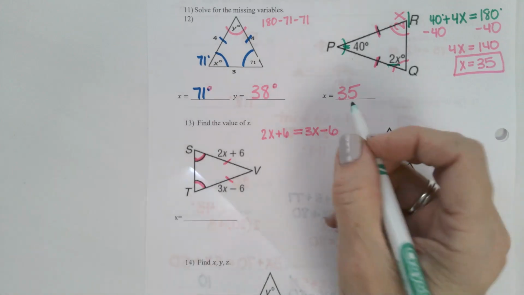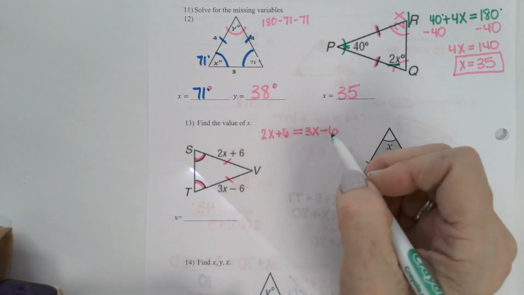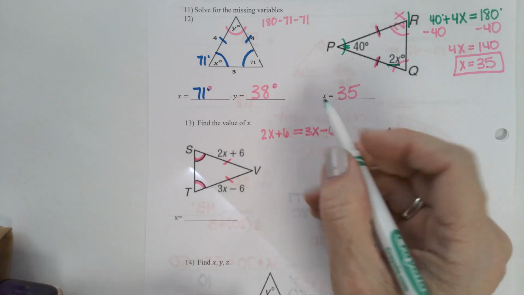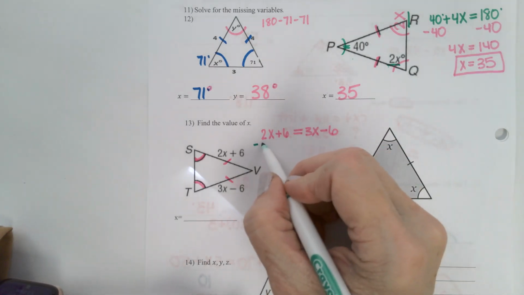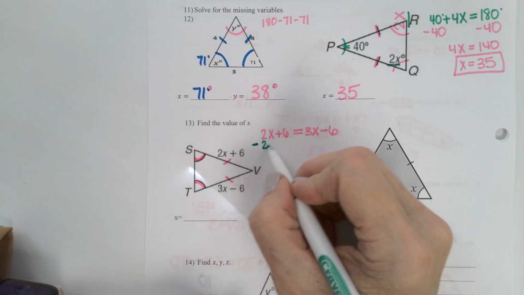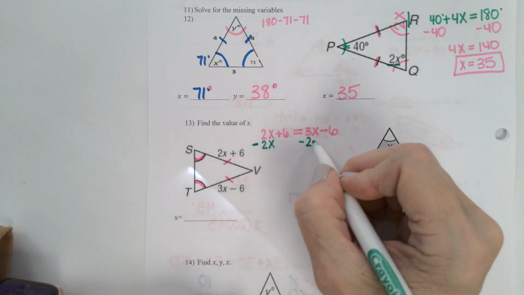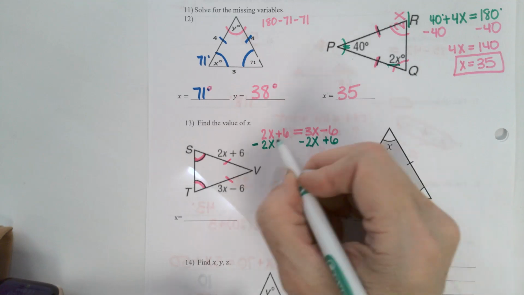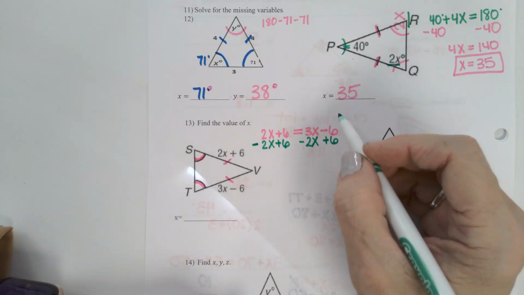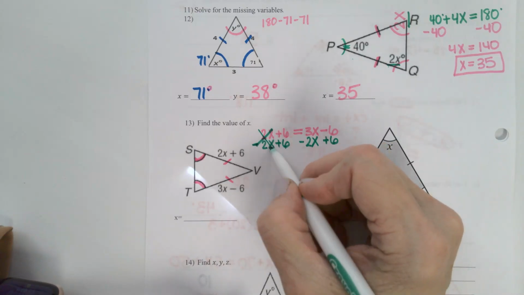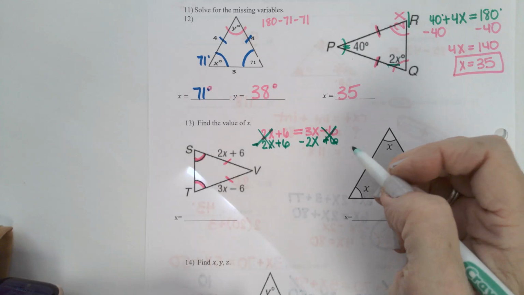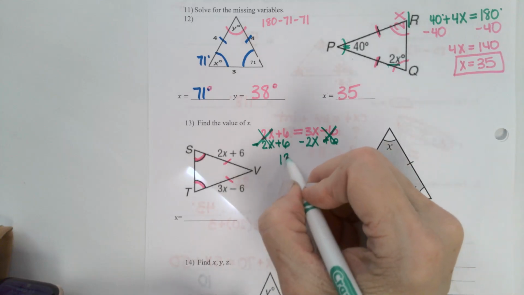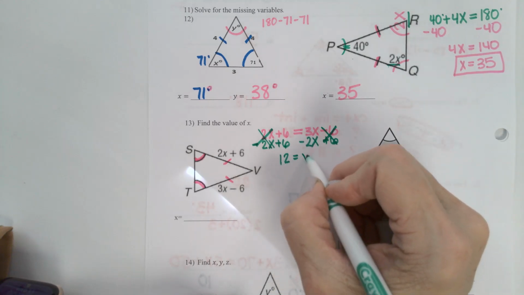Now, whatever you do, please don't say that the 6's cancel, because they don't. They're on opposite sides. I'm going to subtract my 2x, and then I'm going to add this 6 over to the left side. So that's a 0 pair. That's a 0 pair. You actually get 12 is equal to x.